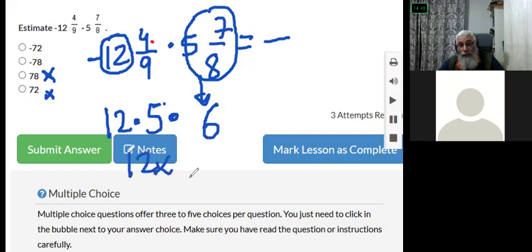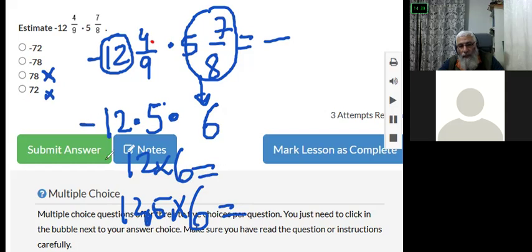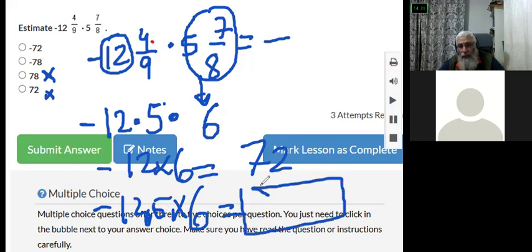So 12 times 6 is 72. This is not our answer because the number is 12 and 4 over 9, so it is something greater than 72. 12.5 multiplied by 6 is 75, so it cannot be 72. And it is negative because negative times positive is negative, correct?